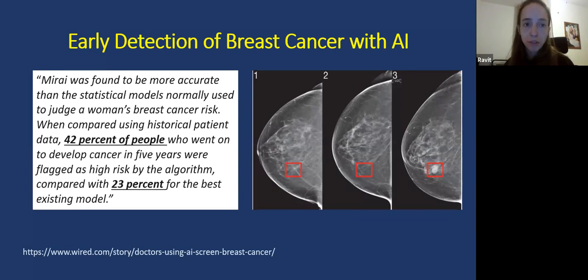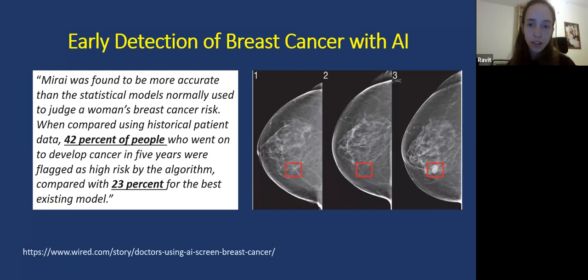And this is an example of early detection of breast cancer with AI. During the pandemic, in a general hospital in Massachusetts, experts noticed that patients tended to either delay or skip routine checkups for breast cancer. And this compromised treatment and proper diagnosis.